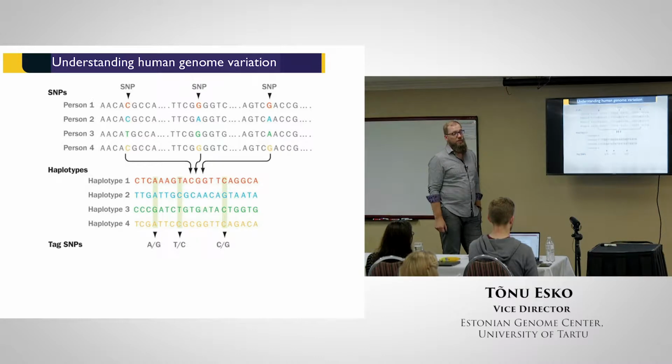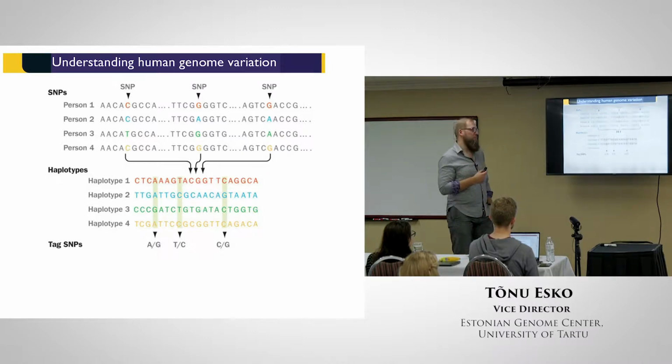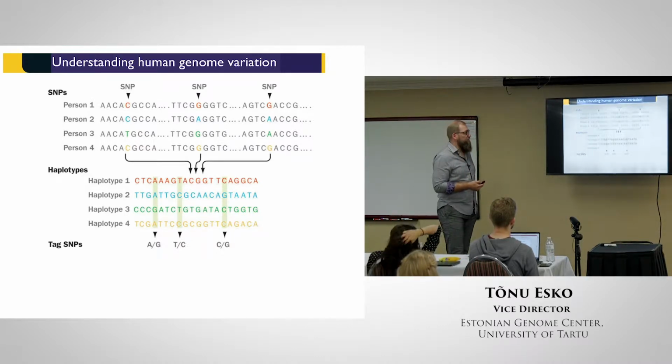So anything on the array that gives you a nice association doesn't mean that it is causal, or even close to the real causal location. Is this clear? Because it's the core concept for why interpretation of your raw results from the GWAS is a little bit tricky.